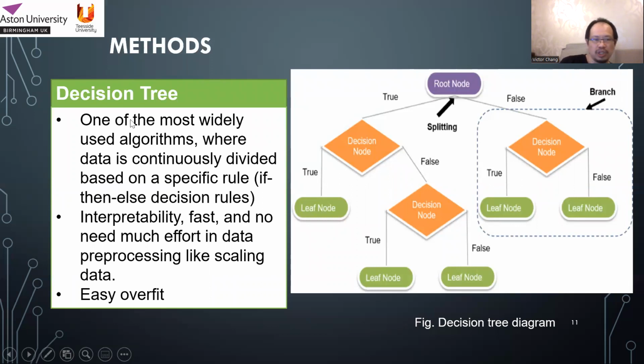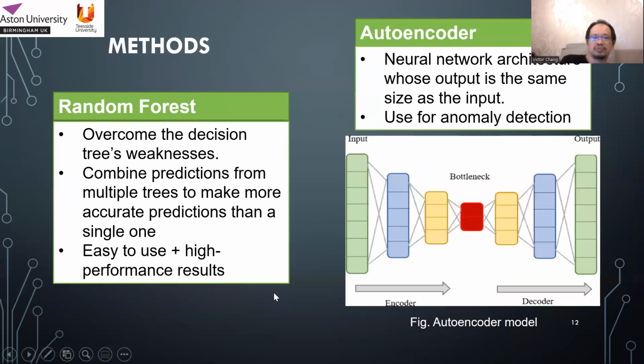The decision tree is one of the most widely used algorithms, where the data is continuously divided based on a specific rule, such as if-then-else decision rules. It's also easy to interpret, fast, and there's no need for much effort in data preprocessing, like scaling data. But it is easy to overfit.